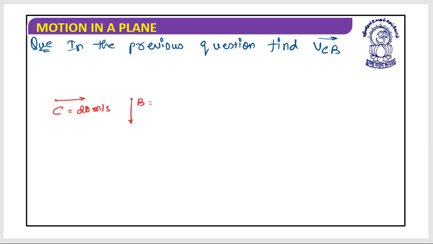B is 10 meter per second. What I want is VCB. That means I am interested in VC minus VB.